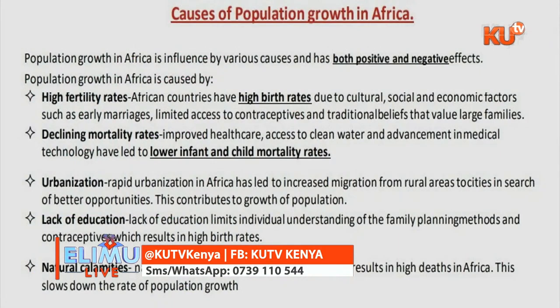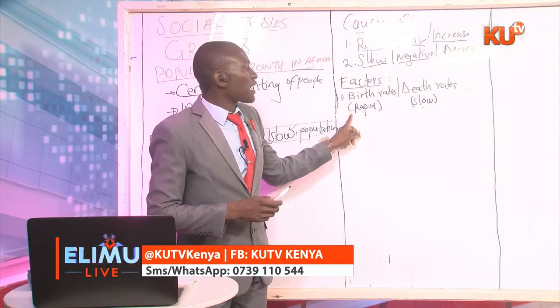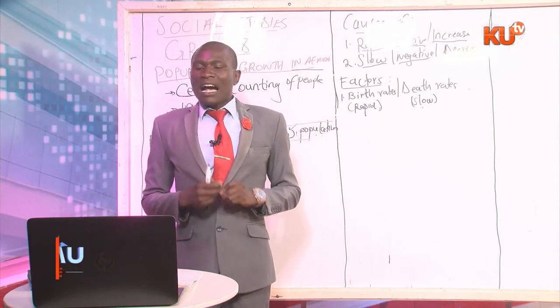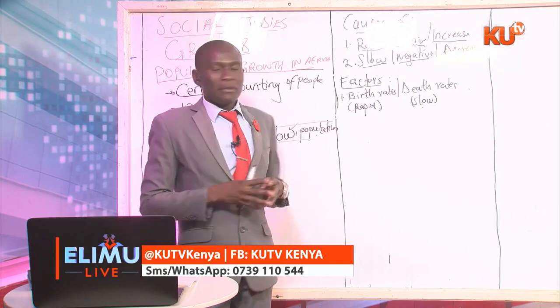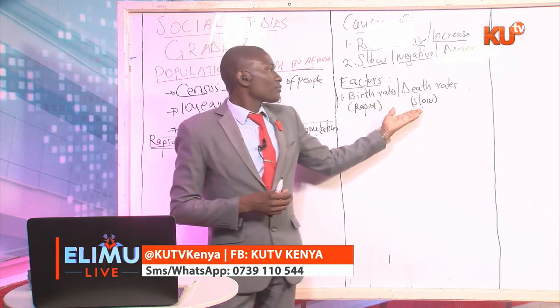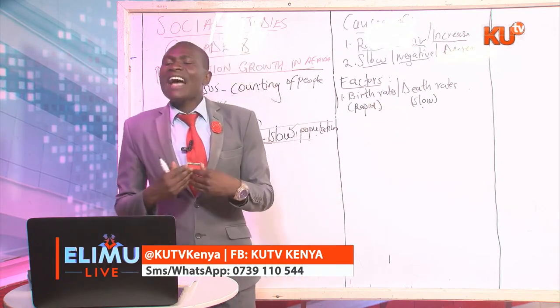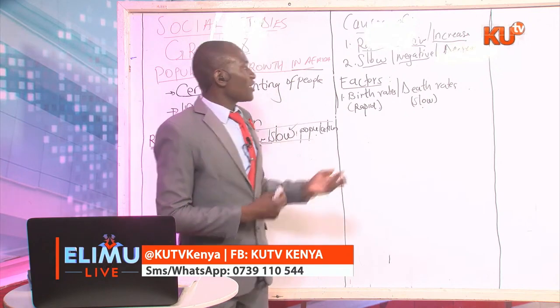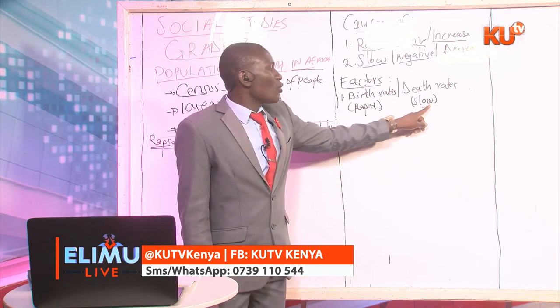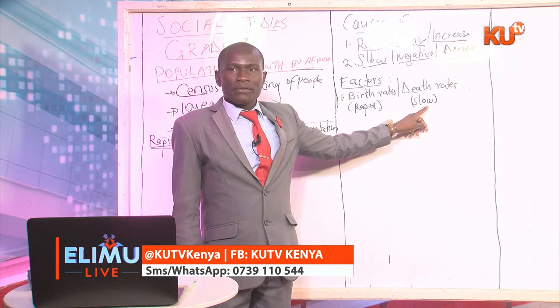In other words, high birth rates in Africa are brought up by several factors. And if we have high birth rates, it means we are going to have rapid population growth. And then if we talk about mortality rates, which means death rates, when we have high death rates, it means that the population growth of that place is going to be very slow.